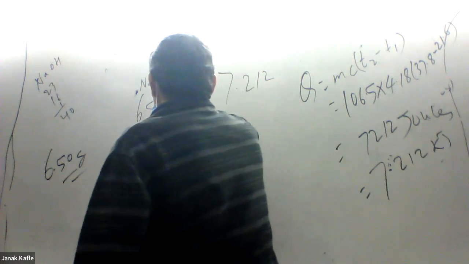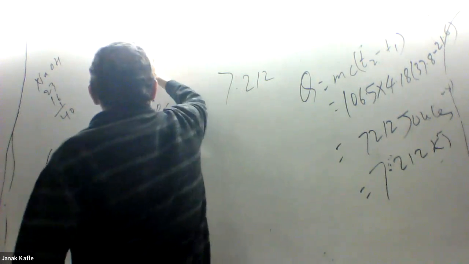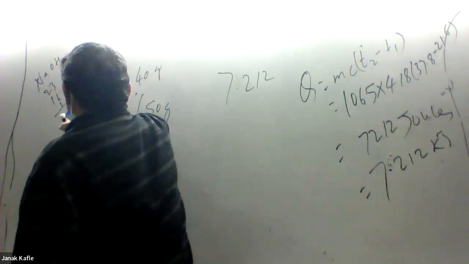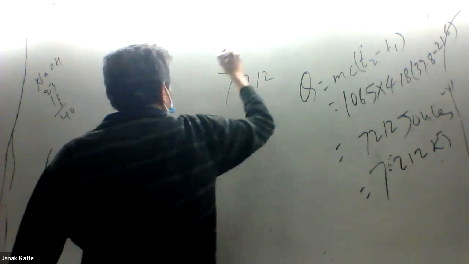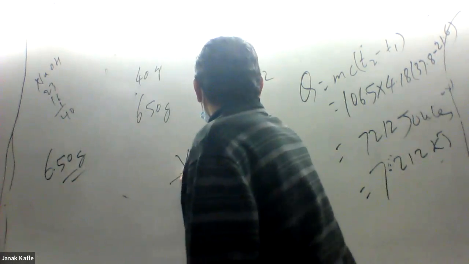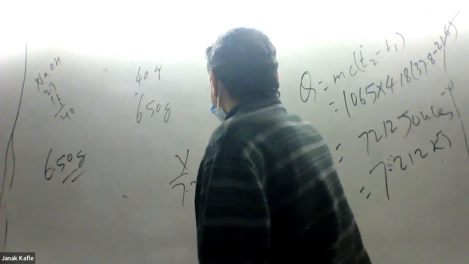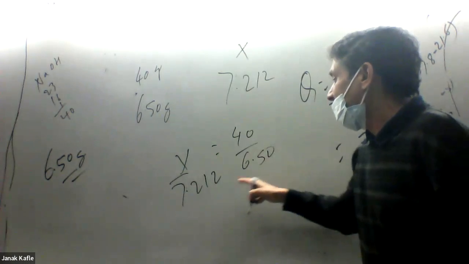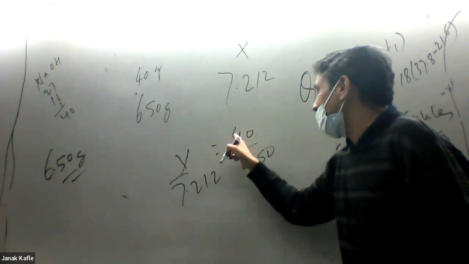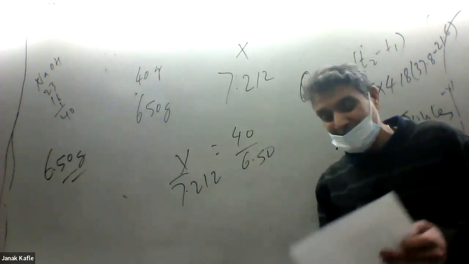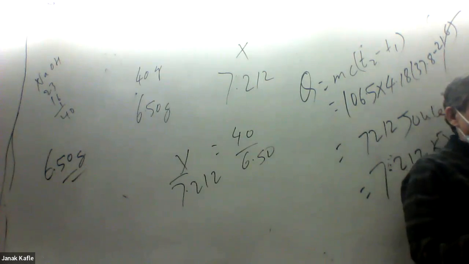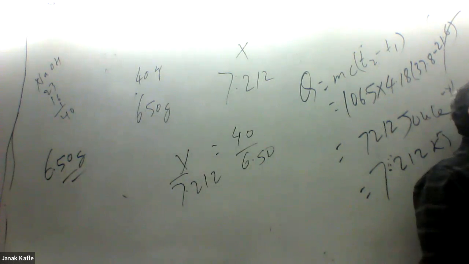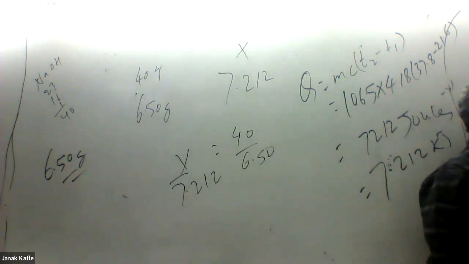So instead of 6.50, if you have used 40 gram, which is 1 mole, how much heat would you get? So x divided by 7.212 is equal to 40 divided by 6.50. You just take 40 multiplied by 7.212 divided by 6.5, and you would get 44.3 or something like that. Everyone got that?